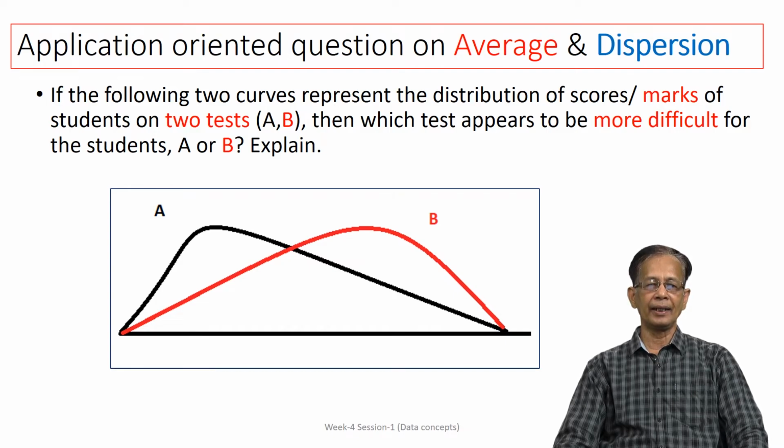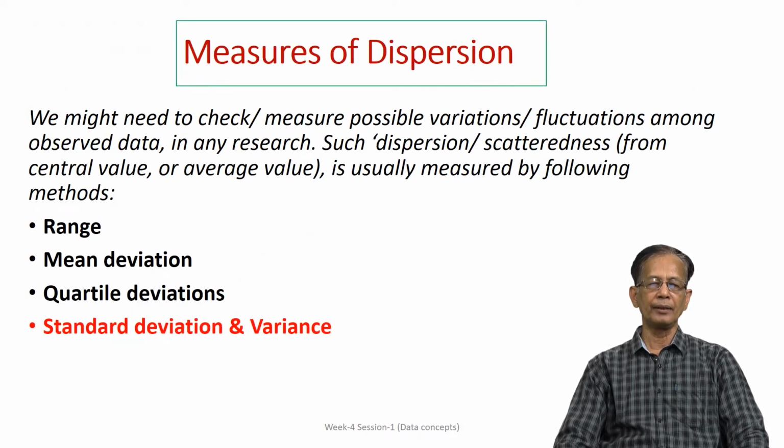Now moving ahead, next we try to understand the concept of dispersion. Dispersion is nothing but the variations and fluctuations among the observed data. Such dispersion or scatter, which is the variation from the central value or average value, is usually measured by some known methods.